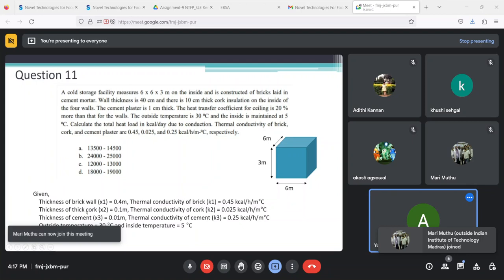Second layer, the cork, thickness is 0.1 meter and thermal conductivity is 0.025. Thickness of the cement, which is the third layer, is 0.01 meters and thermal conductivity of that is 0.25. Outside temperature is given as 30 degrees Celsius and inside temperature is given as 5 degrees Celsius. So with this, do you know how to proceed? What is the formula used?